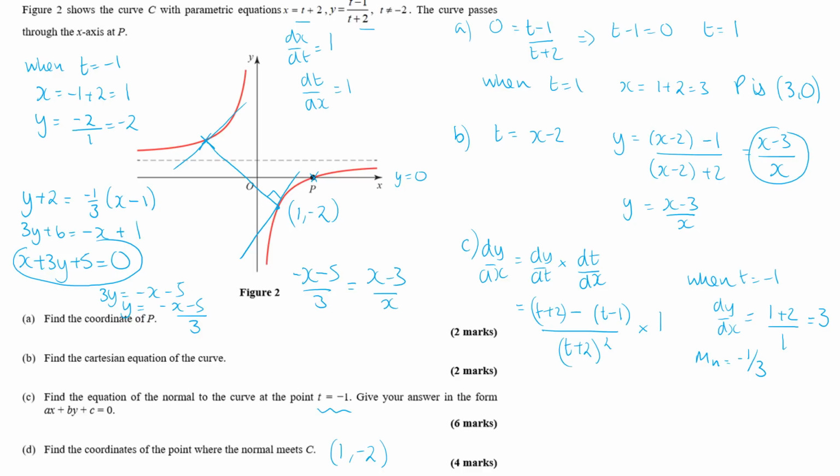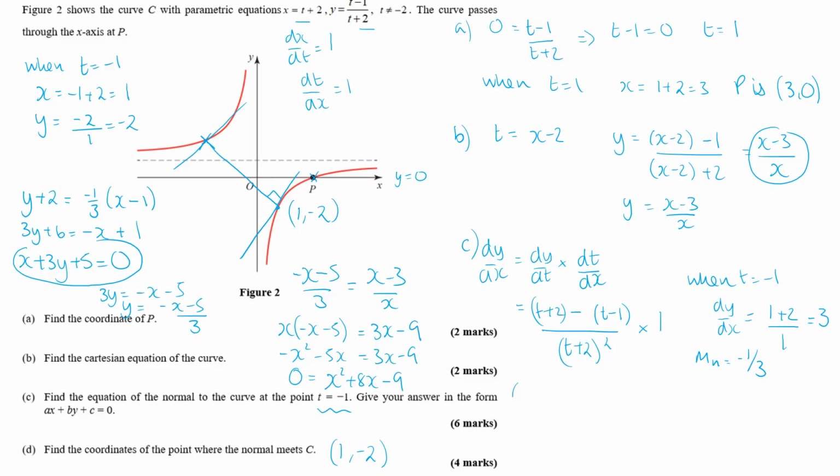Cross multiply, you're going to have x into minus x minus 5 is equal to 3x minus 9. Minus x squared minus 5x is equal to 3x minus 9. Take everything to one side to make the quadratic term positive. You're going to have x squared plus 8x minus 9.